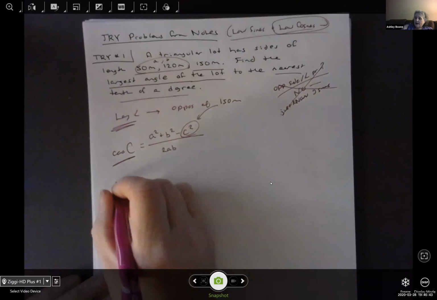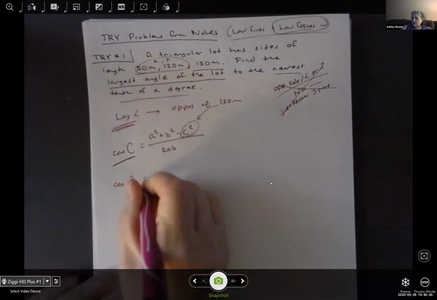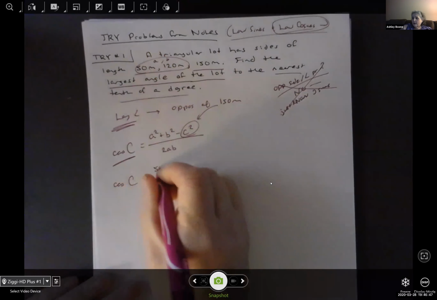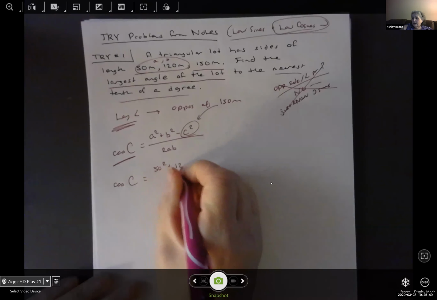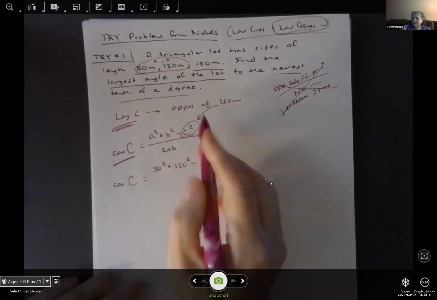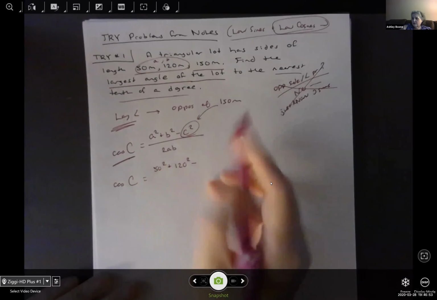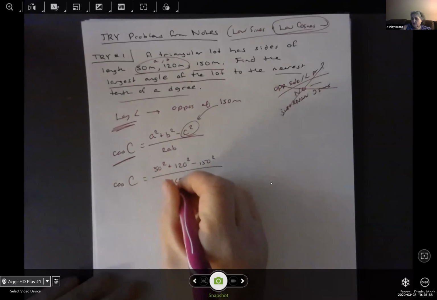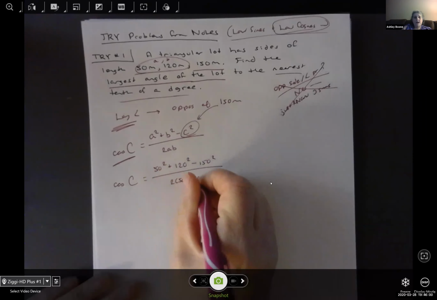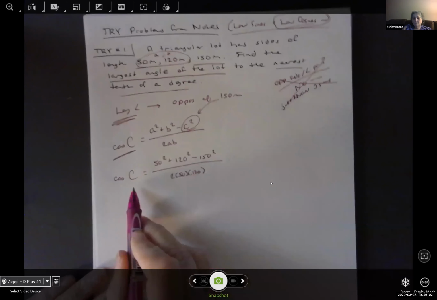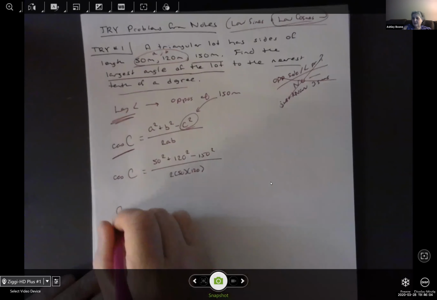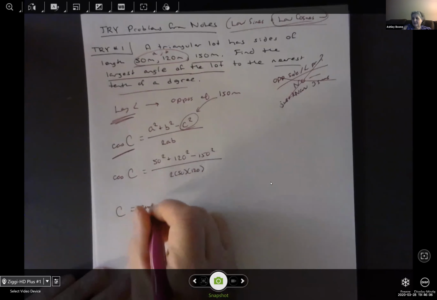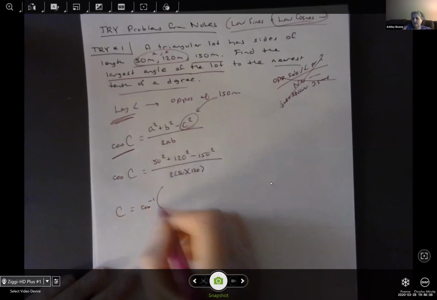So I have cosine of C is equal to 50 squared plus 120 squared minus the side that's opposite, which is 150 squared, over 2 times the 50 and the 120. In order to find the angle, we're going to use inverse cosine. So C is equal to the inverse cosine of that big old fraction.